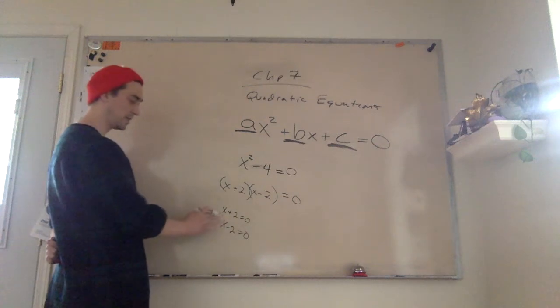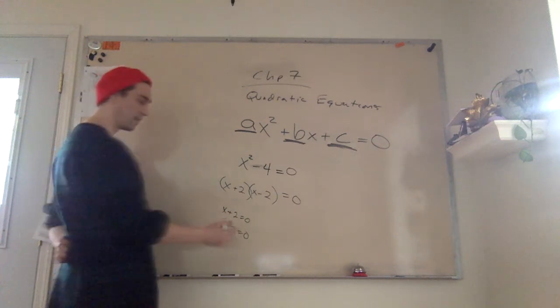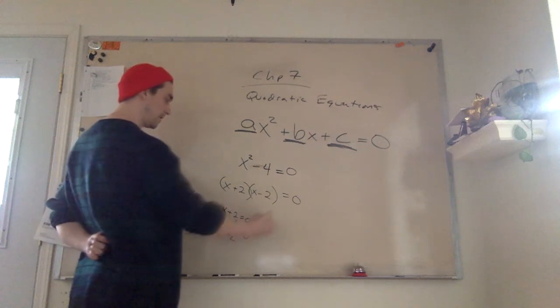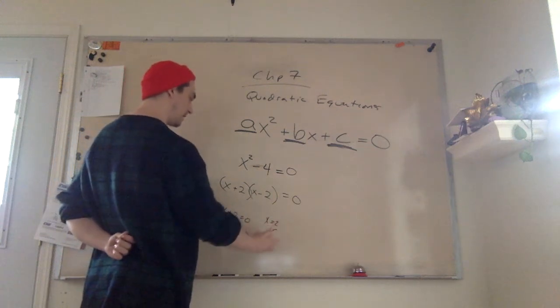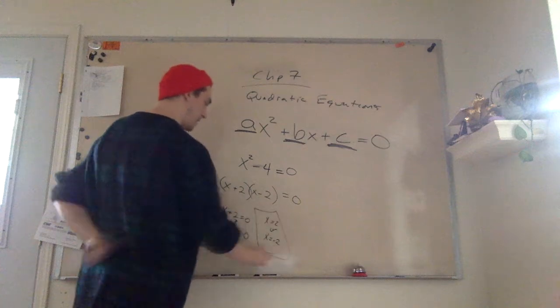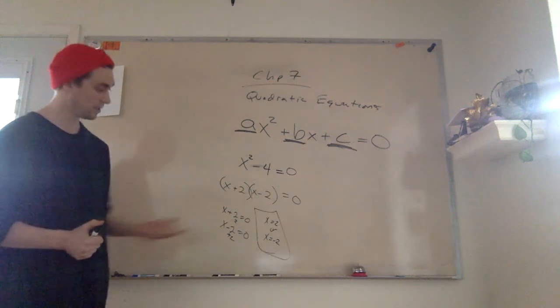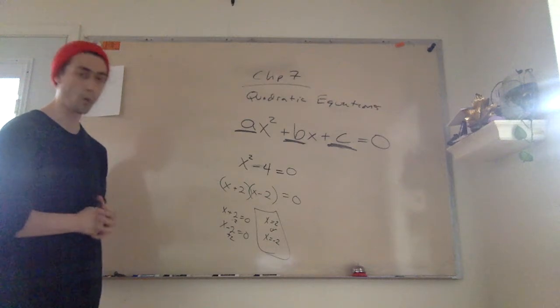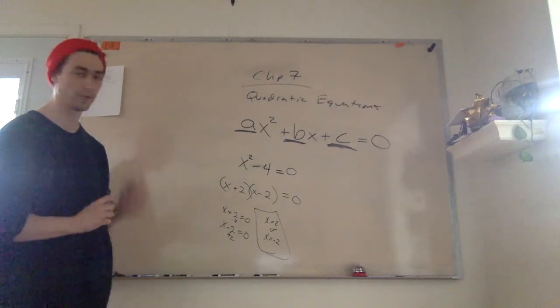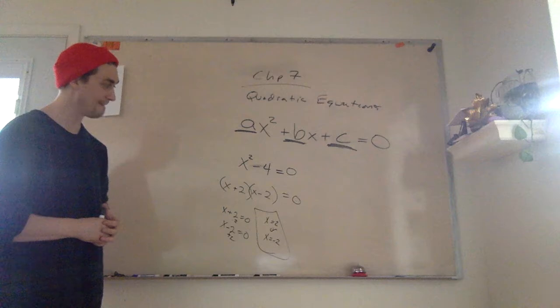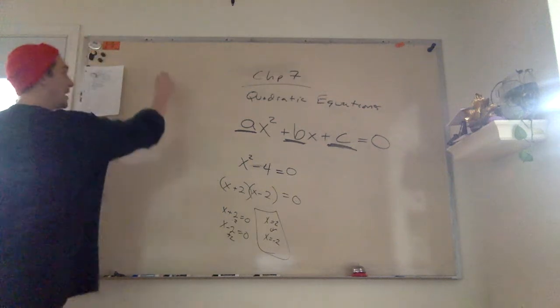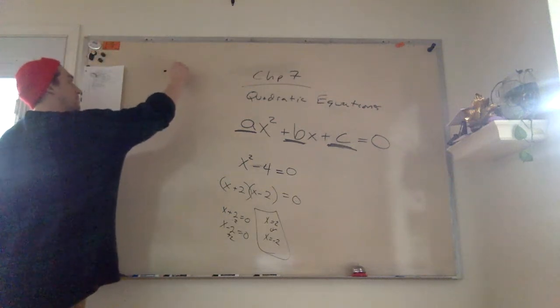Now you've split this into two linear equations, which you can easily solve by isolating the variable. So x equals 2 or x equals negative 2. There's two answers, as there always will be, to quadratics. Two answers, 2 or negative 2, will make this a true statement. Awesome. So factoring is a great strategy for solving quadratics.